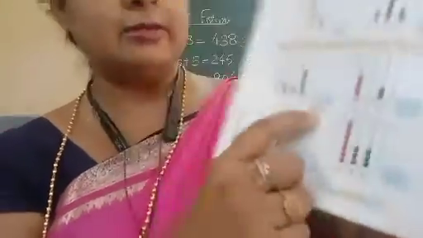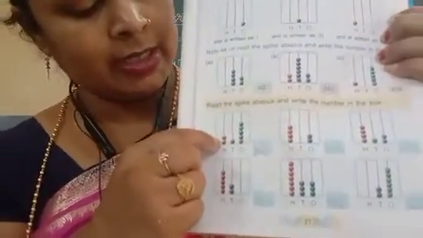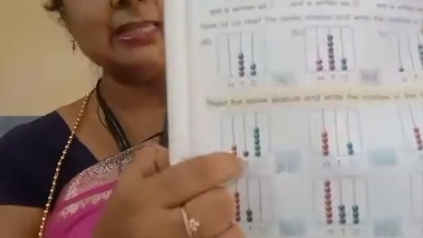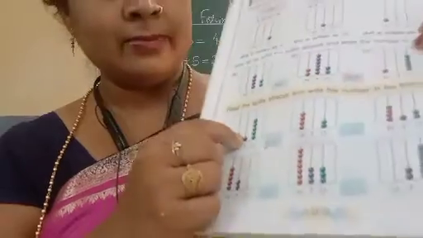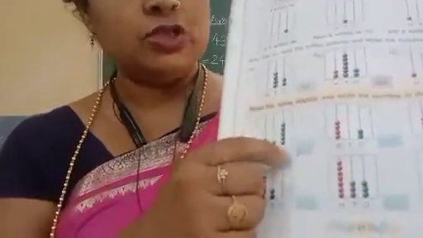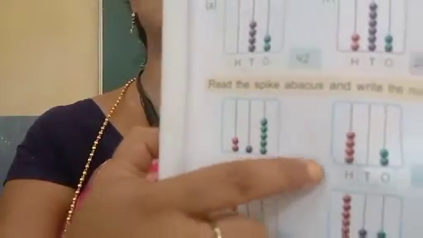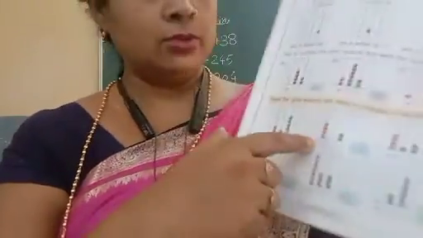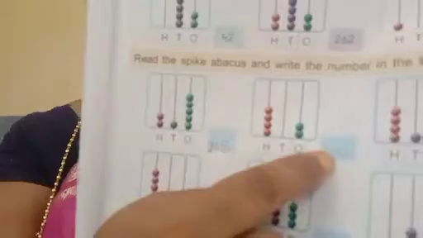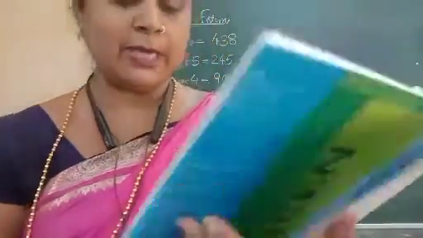Here are given 215, because hundreds count here 1 and 2. And now tens count here 1. And now ones 1, 2, 3, 4, 5. So write here 215. Okay. Next one, write here 402. All of you, in the same way, you can fill this page.